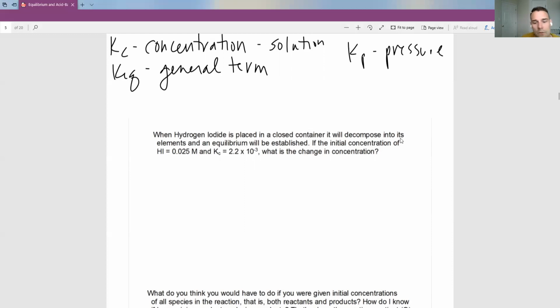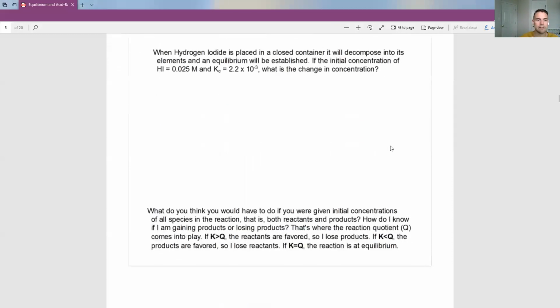Okay. So we can go back here and set up our RICE table. The reaction of hydrogen iodide decomposing, HI decomposing into hydrogen and iodine. That needs to be a 2 there.